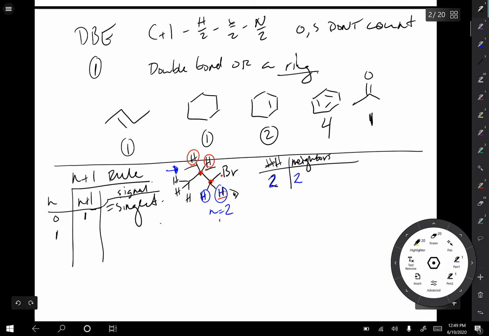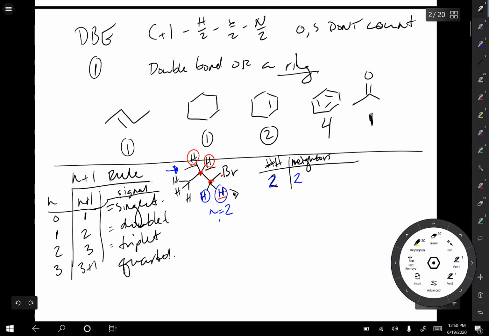That's a singlet. If you have 1 neighbor, n+1 is 2, right? 1 + 1 is 2. This will be a doublet. That makes sense. Double, right? 2. If you have 2 neighbors, that means 3. This will be a triplet. That makes sense. Triple, triplet, right? 3. If you have n is 3, 3 + 1, you're going to have a quartet. You see how this is going?